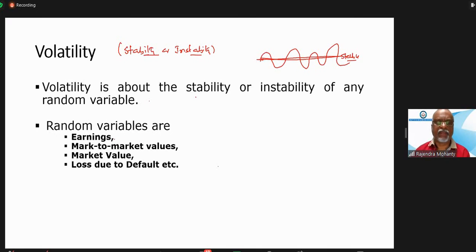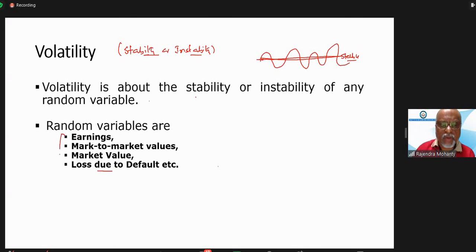So what are those random variables? Again, we are looking at our profits or earnings, how much the profits are changing, or mark to market value, which again is a profit and gain. We have to compensate that profit and loss to the account, or the market value of the asset that is moving up and down, or the fall of value due to loss by the counterparty who has defaulted.